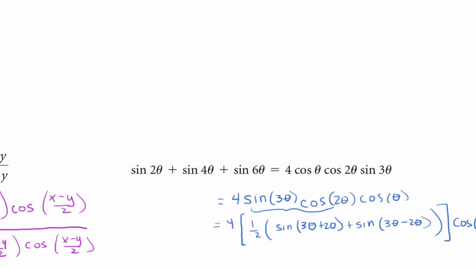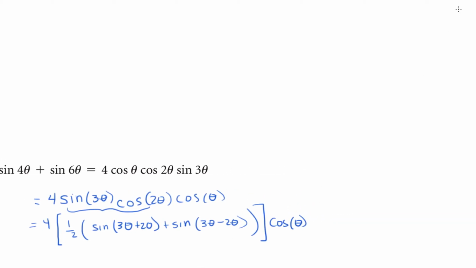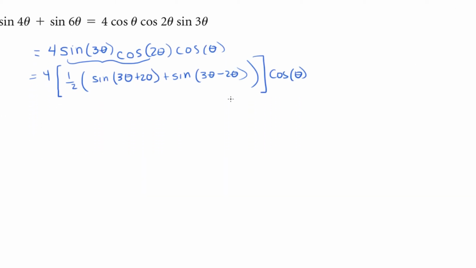Let me push this a little bit further. 4 multiplied by 1/2 leaves 2. Simplifying the two terms, you're left with sine of 5 theta plus sine of theta, and then the cosine that's outside.